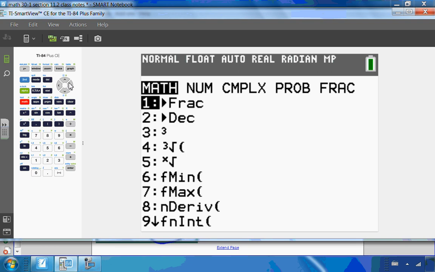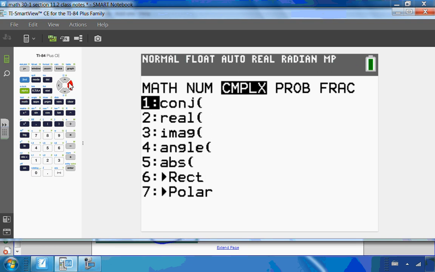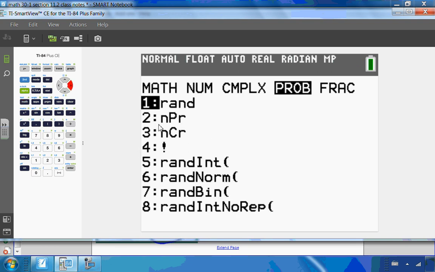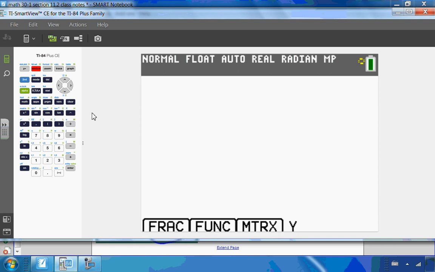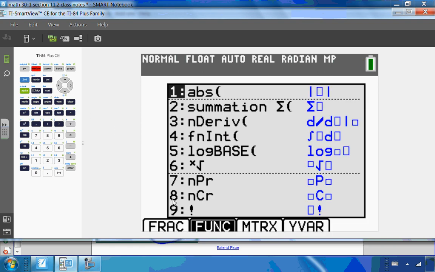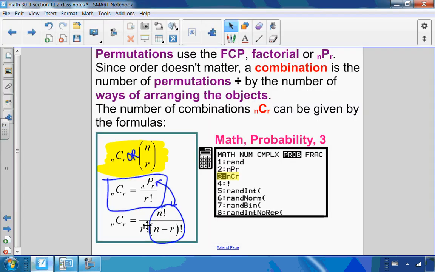Math, go over to probability, and then you can see it is option number 3, so math probability 3. If you have a CE calculator, you can go alpha window, and then you can see that combination is option number 8, so alpha window 8. So those are the ways that you access it on your calculator.